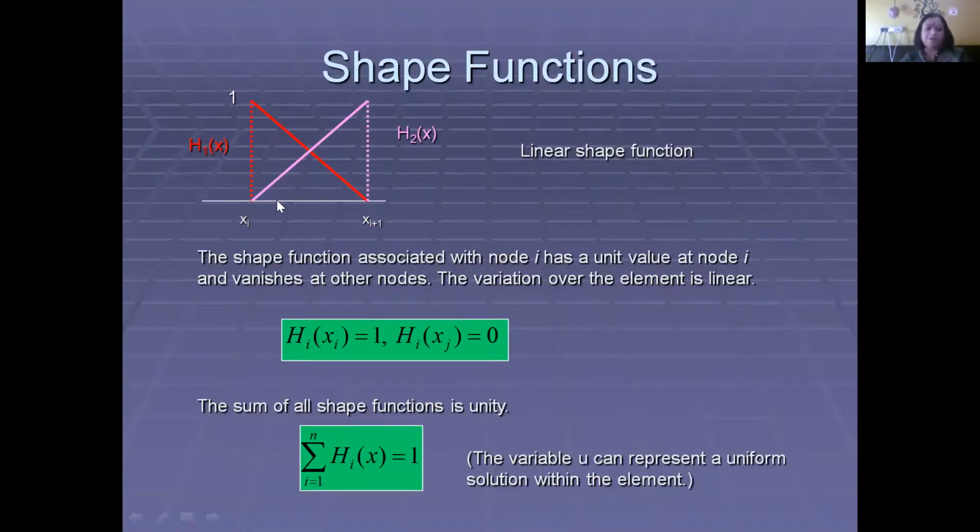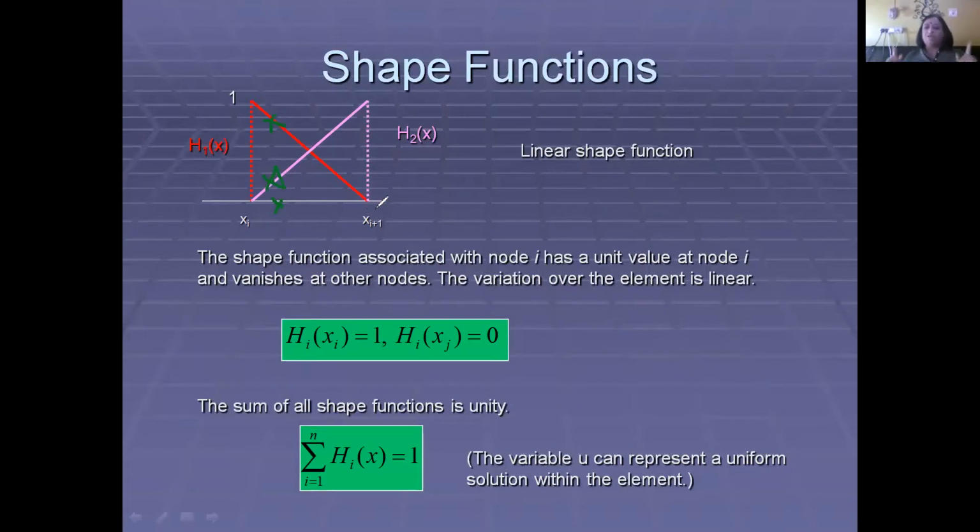Let me choose an arbitrary point here. I do not know the value of h2, neither do I know the value of h1. But what I do know is that h1 and h2 will add up to unity, and that will be true over the entire element.